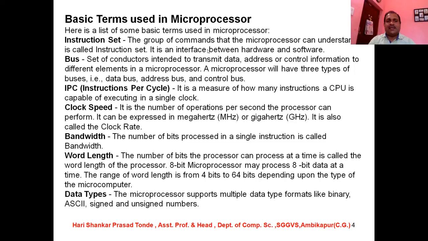The next one is instructions per cycle, IPC. It is a measure of how many instructions a CPU is capable of executing in a single clock. So in a single clock, how many instructions are executed by the CPU? It is instructions per cycle. Later on, when we use VLSI chips, the speed of the microprocessor definitely increases.